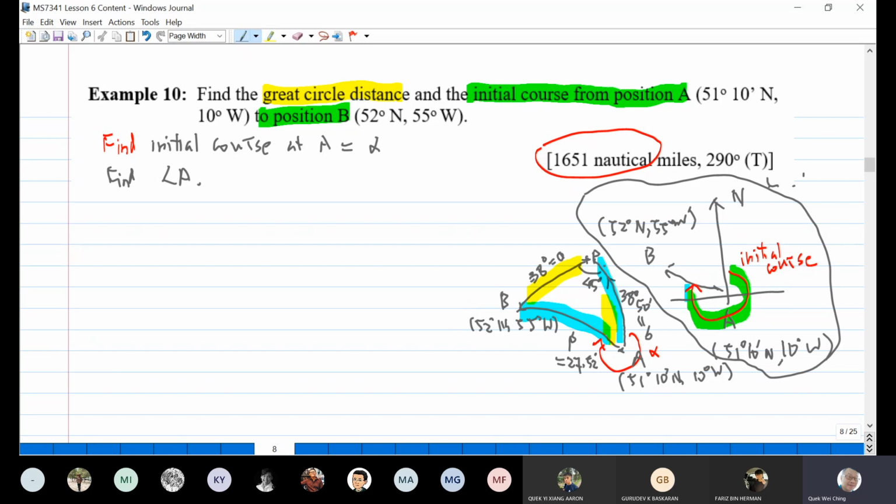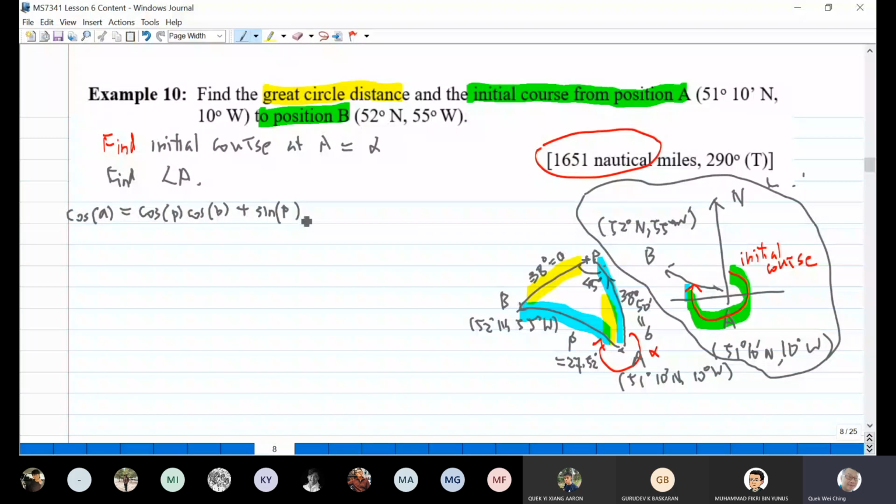Cosine A equals cosine a minus cosine p times cosine b, divided by sine p sine b.